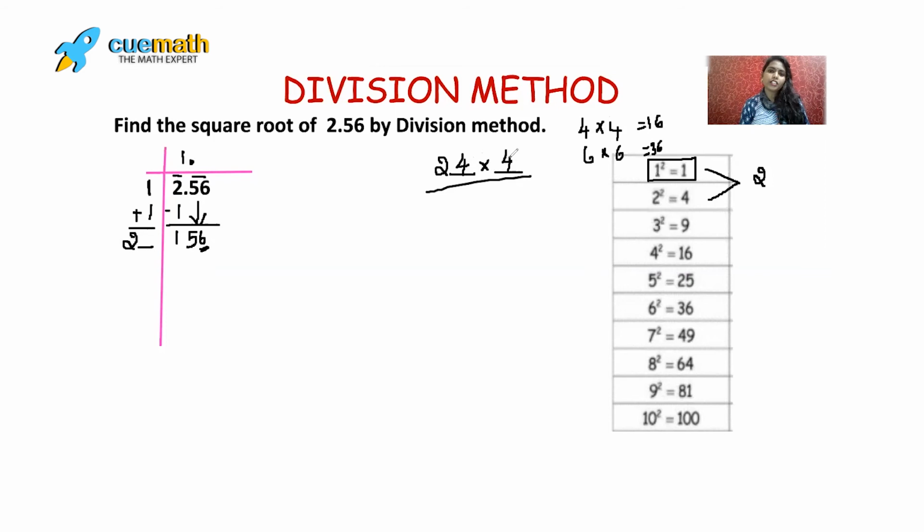Also be careful that you always write the same number in the blank. So 4 times 4 is 16, 1 carry.